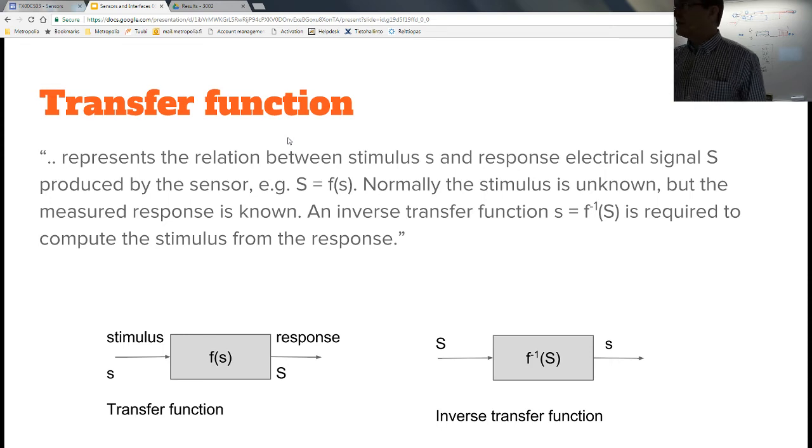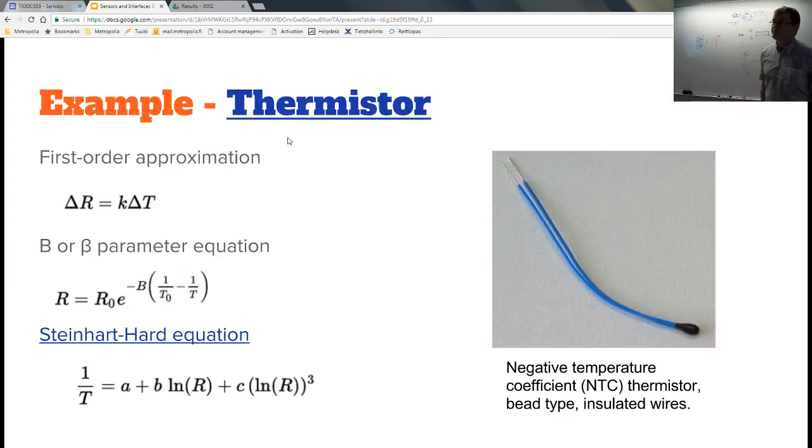So we are trying to figure out from the response what the stimulus is, not the other way around. So basically this inverse transfer function is the key to get to the data later on. And we will be coming back to this one in the calibration.